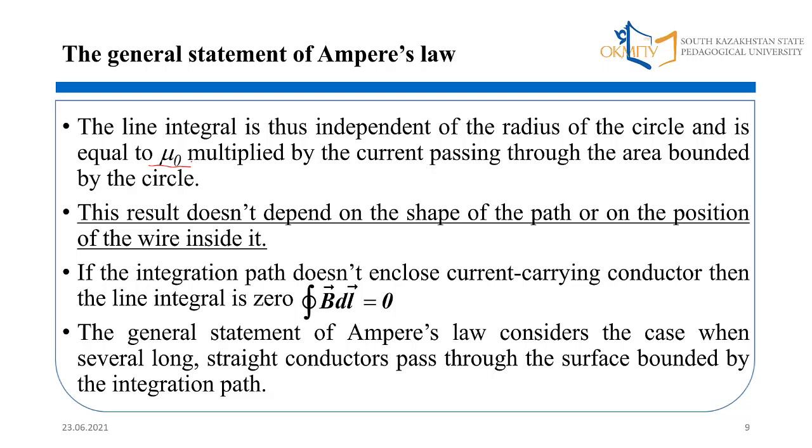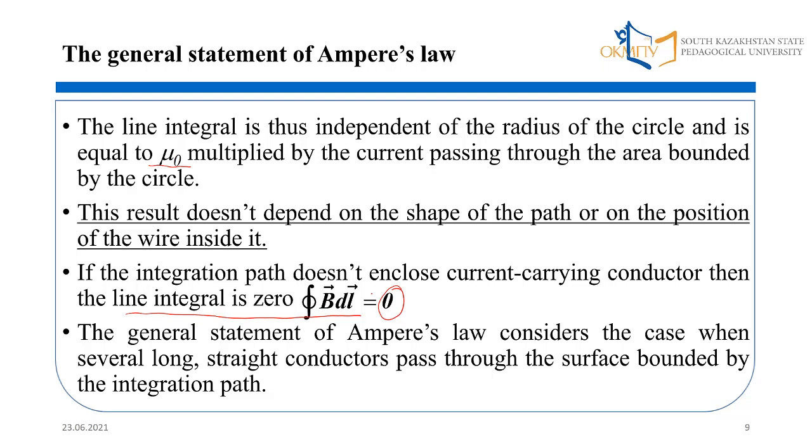If the integration path does not enclose a current-carrying conductor, then this line integral will be equal to 0. It means that no current passes through the area enclosed by the given closed path.